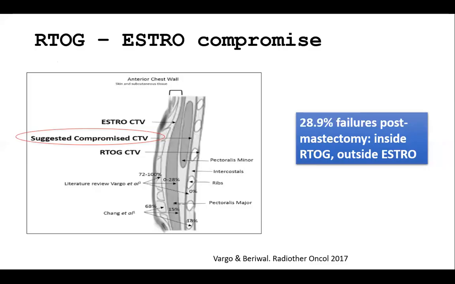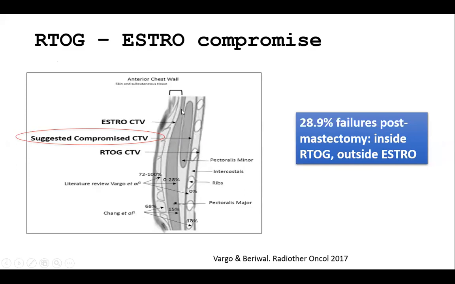This is a paper published by Kowalski et al. in 2017, in which they found that 28.9% of the local failures in post-mastectomy patients were seen inside the RTOG volume but outside the ESTRO volume. This is the RTOG volume, and this is the ESTRO volume.